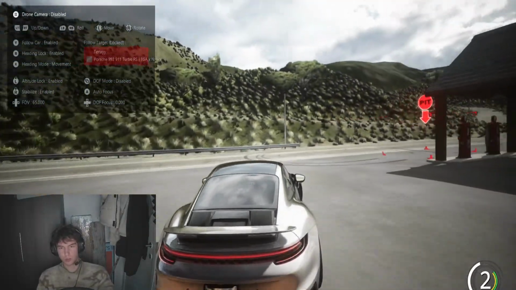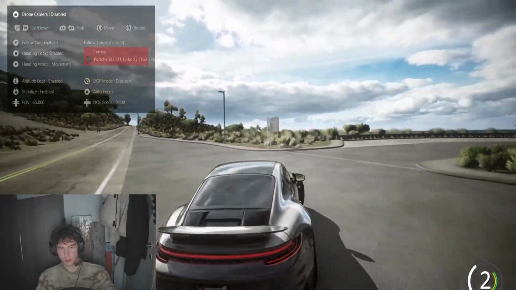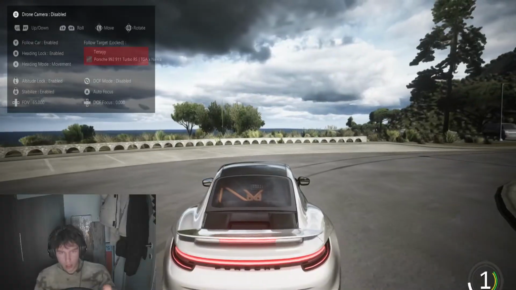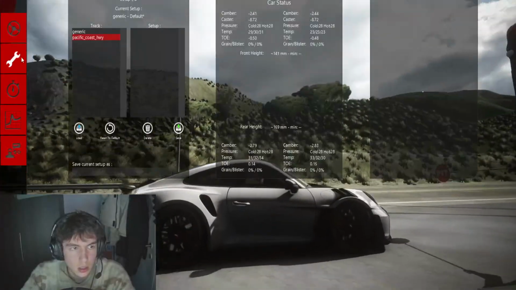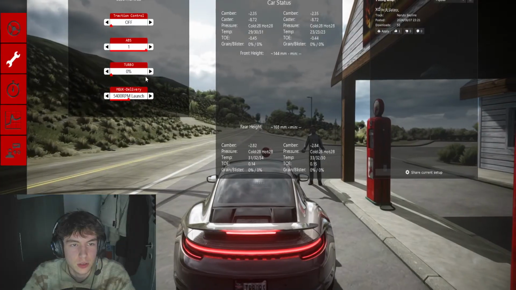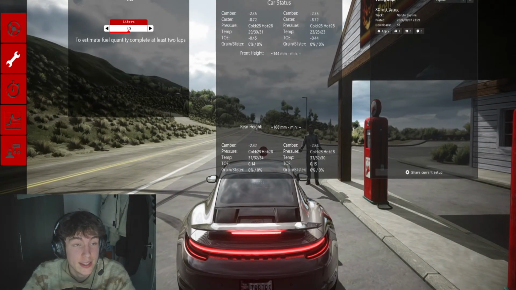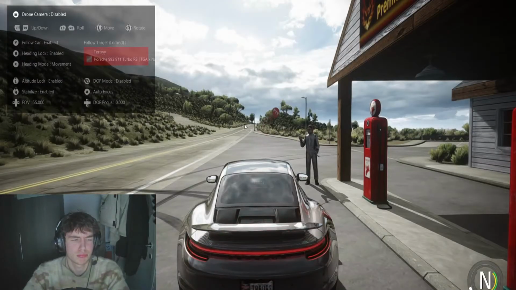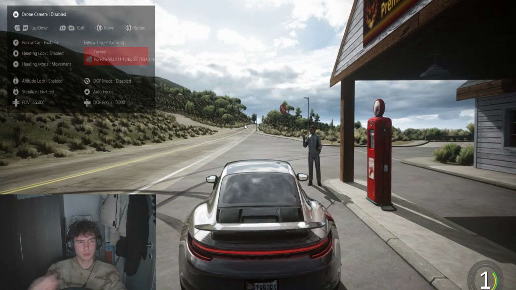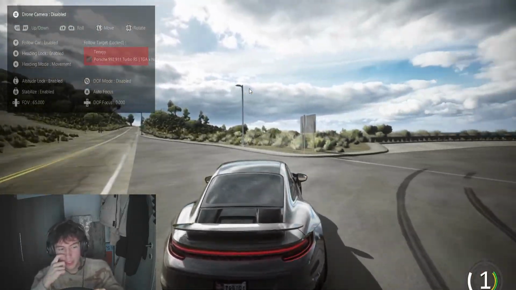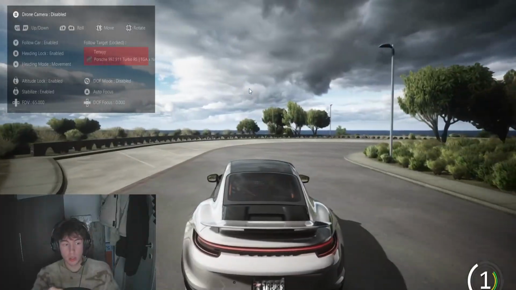The traction control on this thing. Yeah. Let me just do... Bro, my turbo was down at 0%. Bro, my turbo was at 0%. Oh, yeah.